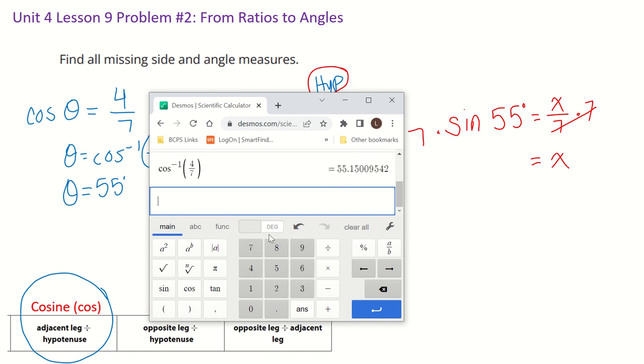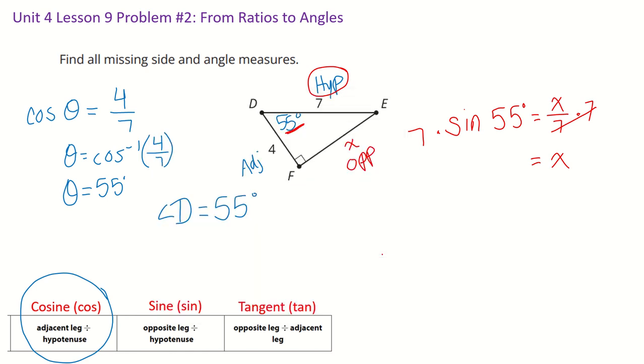It's just sine. So we're going to type in 7 times sine of 55 degrees. And it's going to tell me that my length of that side is going to be 5.7 units long. Okay, so I know that side EF is 5.7 units.